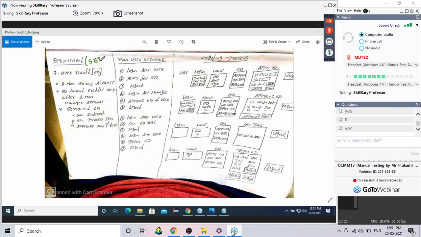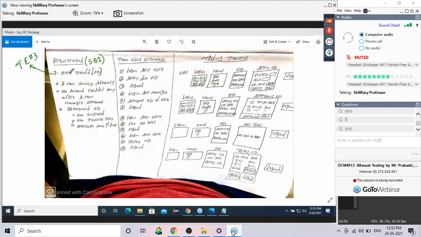It's a banking application. Many modules are there, but let us consider only one module, SBI overdraft, which is assigned to test engineer number 3.